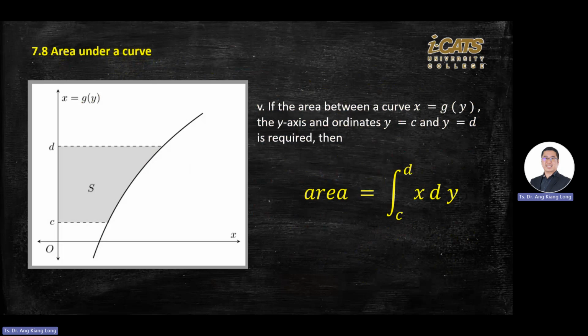So this is your a, b. So don't get the wrong side. If the question asks you to find area above the x-axis, you use area equal to integrate y dx. If the question asks you to find area limited by the y-axis, you use integrate x dy.